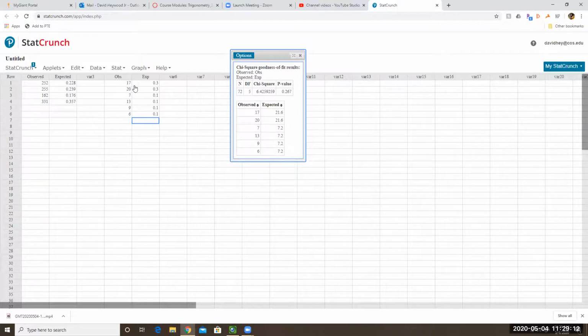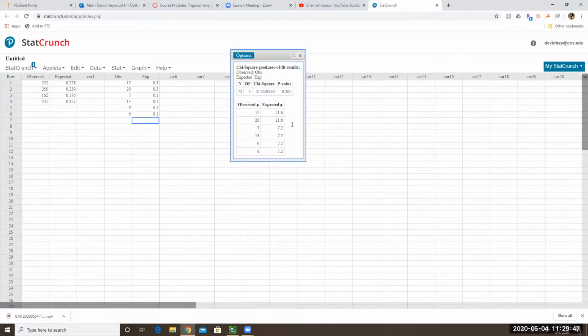If you multiply 72 times 0.3, then you get 21.6. If you multiply 72 times 0.1, then you get 7.2. And that's why these ones are 21.6 and these ones are 7.2. So these are your expected counts, and these were your expected proportions. If you compare the expected counts to the observed counts, here you're off by about 4 candies, here you're off by 2, here you're almost dead on, here you're off by like 6 candies, and here you're off by 2, and here you're off by 1.